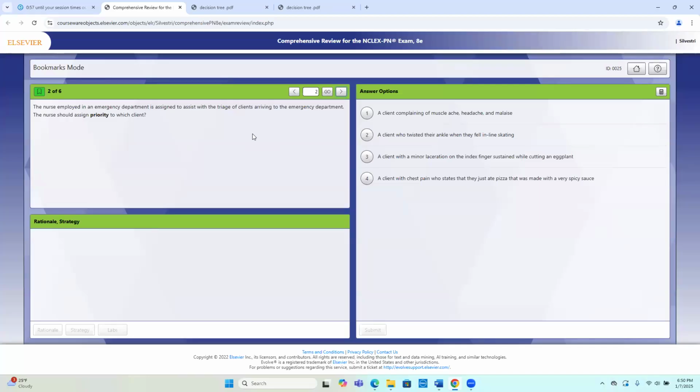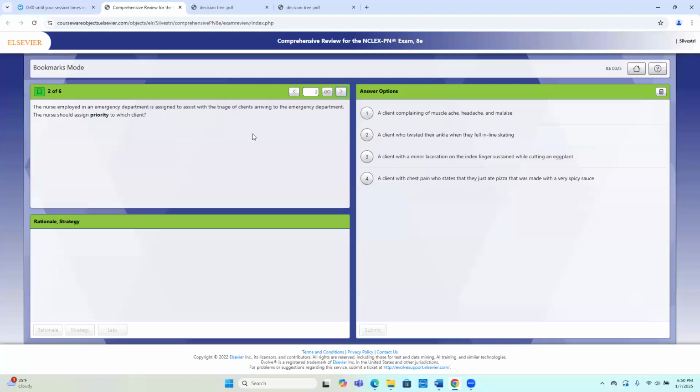Okay. So are the answer choices assessment or are they implementation? Well, we know that they are assessment, and we know that it is subjective data because it's what the client is telling us, right? Or some of them are subjective and some are objective, but it's what the client is telling us for number 4. So we know implementation does not apply.